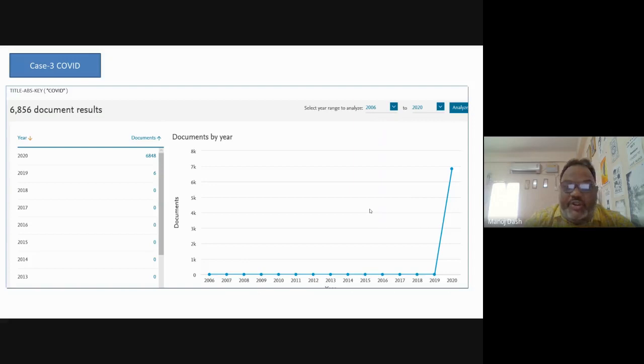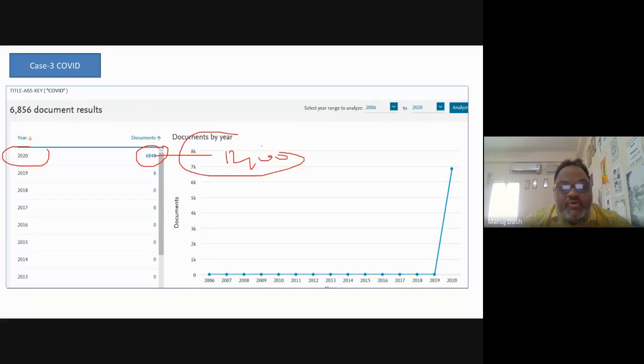Then there is COVID. This is one month of data, and it will now be more than 12,000. Within 2020, more than 12,000 papers were published. It is a huge scenario. All the research directions and all the research funding are going only towards COVID.